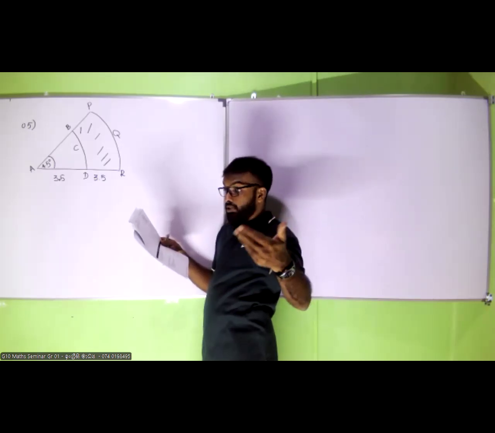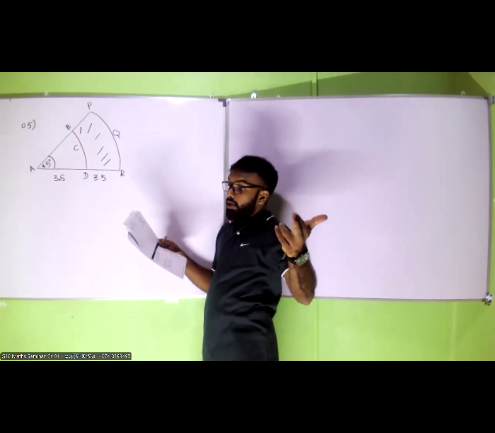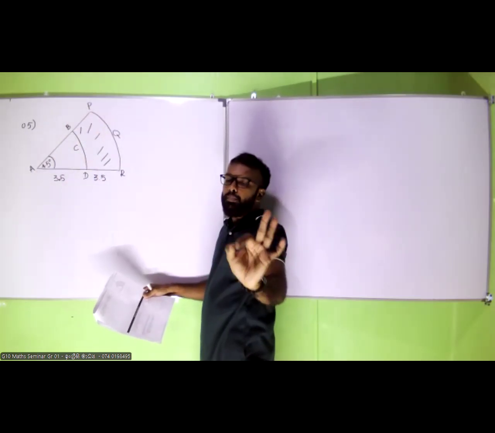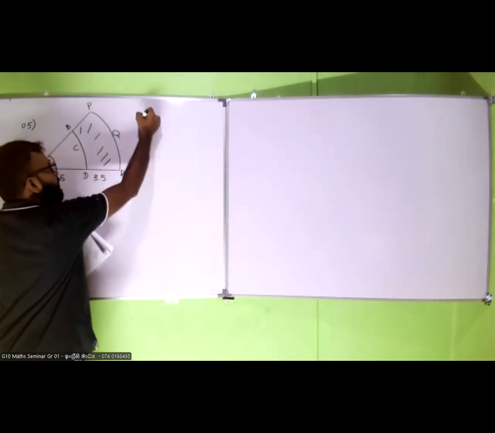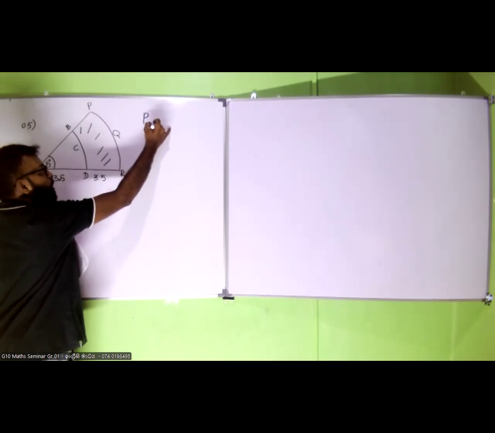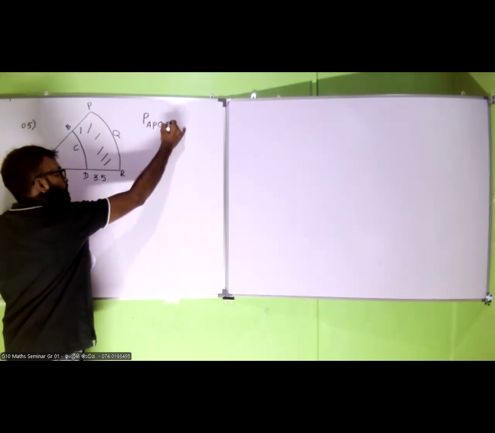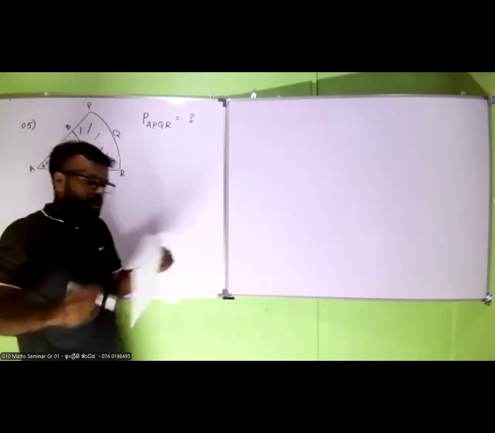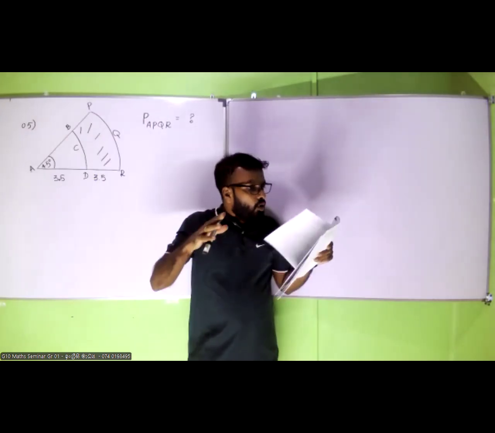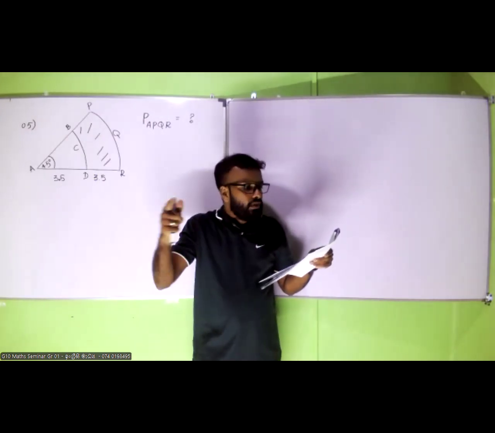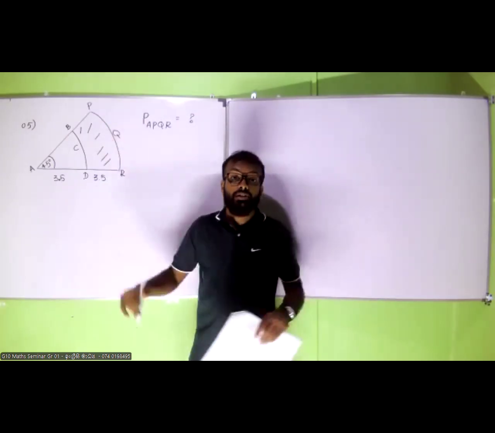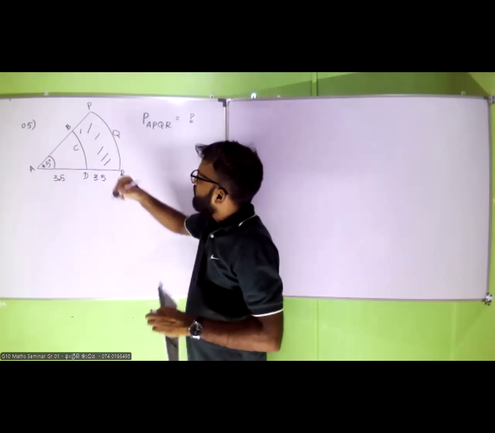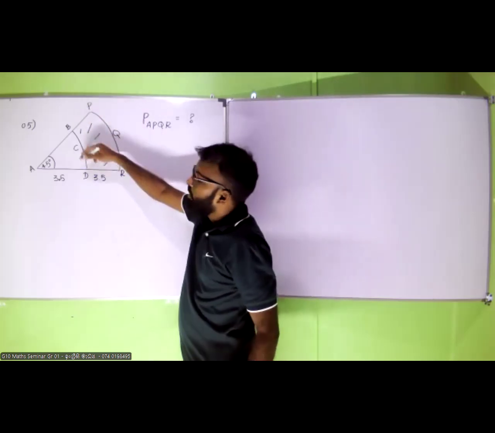The figure shows the blah blah blah. How much greater is the perimeter of the sector APQR, the big one, than the perimeter of the shaded region? So definitely you have to find the perimeter of APQR. Then the shaded region, this one: you have to find the perimeter of BPQR DC.